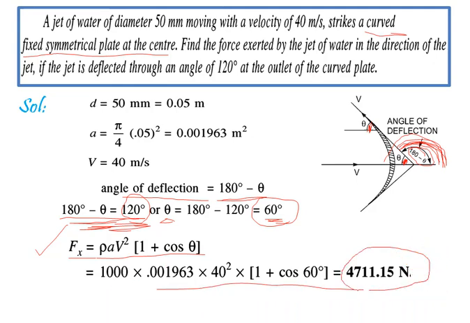What is this rho? Density of water, which is 1000. Area we already got from here. The velocity is already given, which is 40, and the square we substituted here, and 1 plus cos theta, where the theta value is 60 degrees, what we resolved.